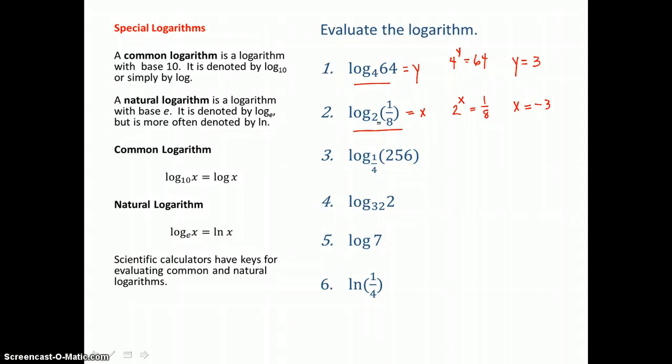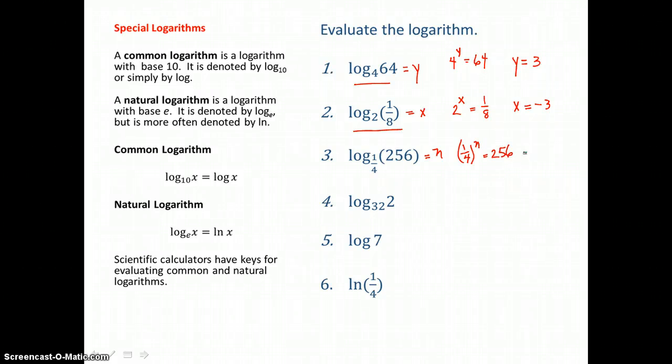Okay, problem 3, doing the same thing. Let's say this is equal to n, this log base 1/4 of 256. So our base is 1/4. It's raised to the n power, and it's equal to 256.